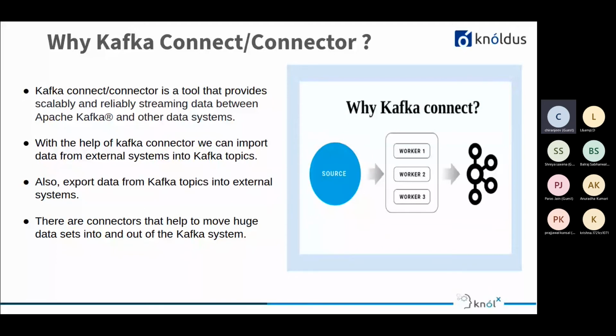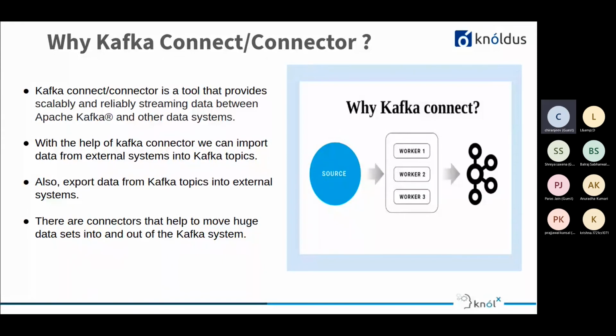The data transfer is very scalable and reliable. If we look at the broader picture of Kafka Connect, then we can say it consumes the data from external applications like a Spring Boot application using the Kafka source connector and keeps them into Snowflake, that is a database of Kafka Connect, using the sink connector.